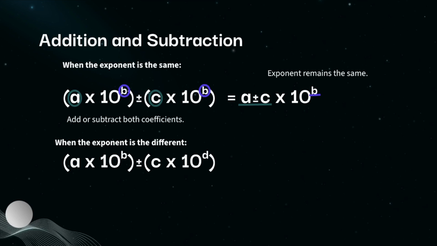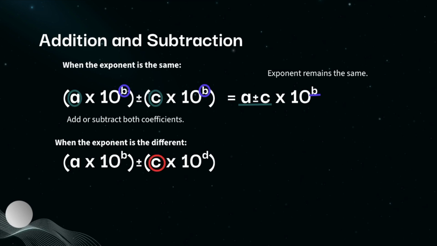This might be a little bit harder to understand, but I'll try to make it as simple as possible. Basically, we take the biggest exponent and try to make it equal to the other exponent.